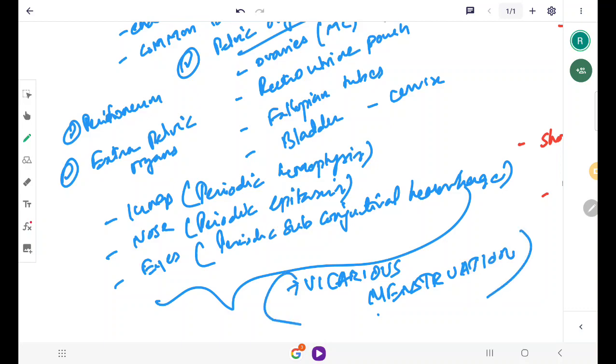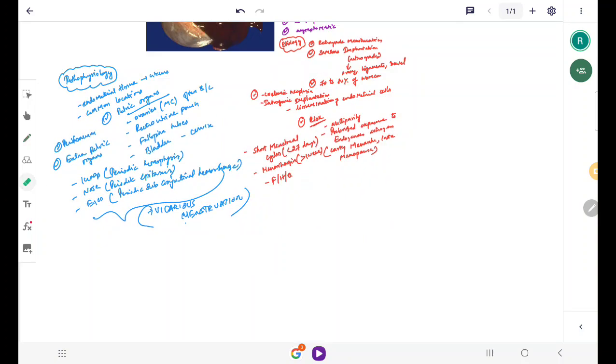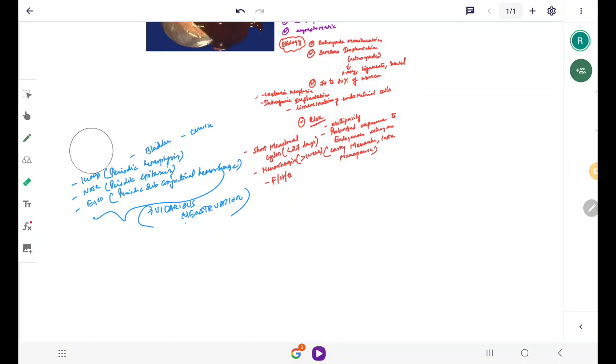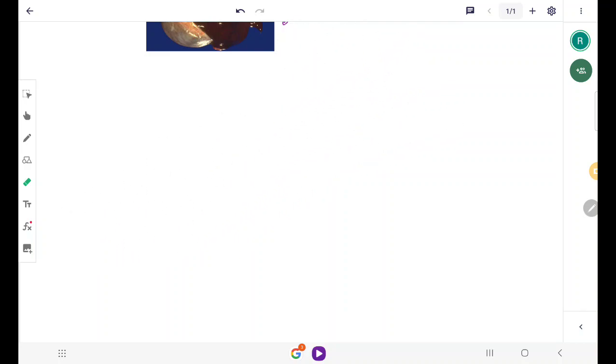Regardless of location, the endometrial tissue which grows outside the uterus mimics the original endometrium. So it undergoes all the hormonal cycles and usual menstruation, which causes bleeding.